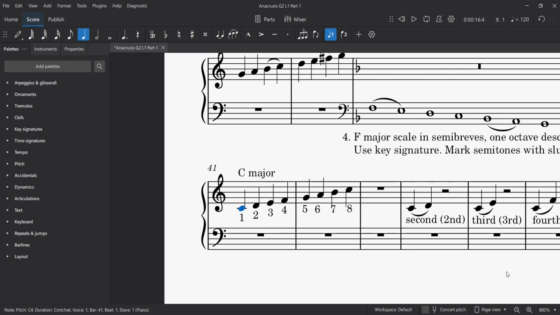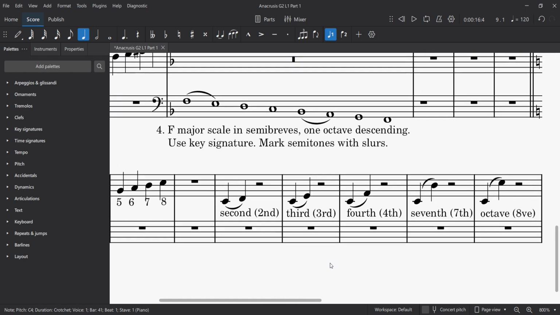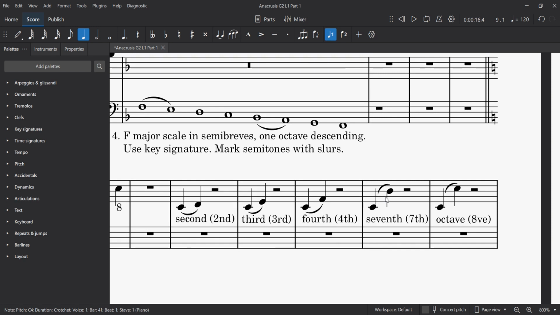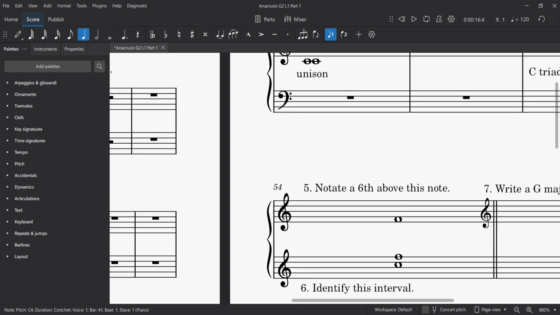Therefore, the intervals follow on from the scale degrees. C to D is the second, C to E is the third, C to F is a fourth, and you get the general idea. C to B is a seventh, and recall that a full eighth interval has a special name as well, called an octave. Don't forget that when two notes are of the same note, they are actually in unison.